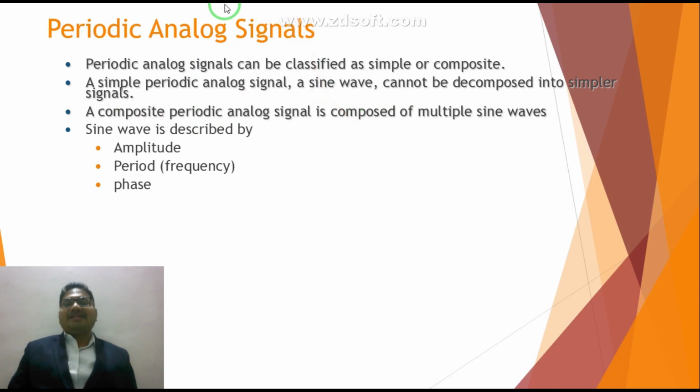When multiple sine waves are used and composed to make one signal, it is nothing but a composite signal, a mixture of different signals. So basically, the sine wave, which is the basic building block of any signal, is described by its amplitude, period or frequency, and phase.